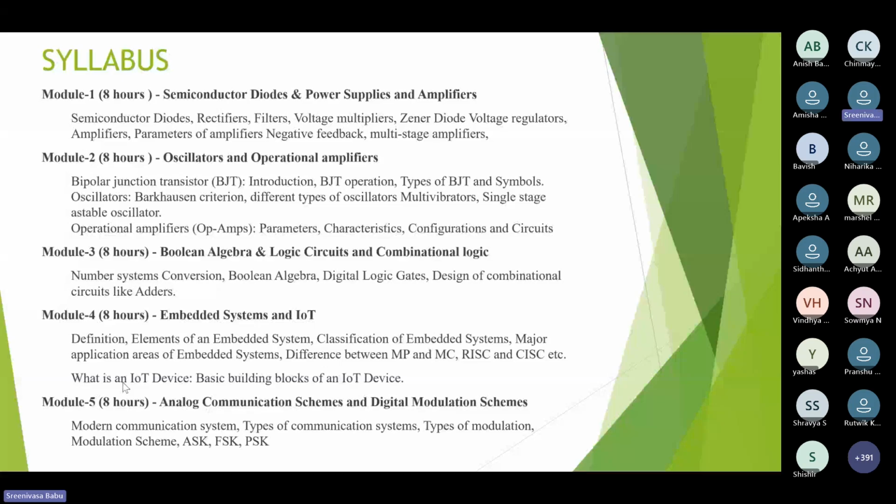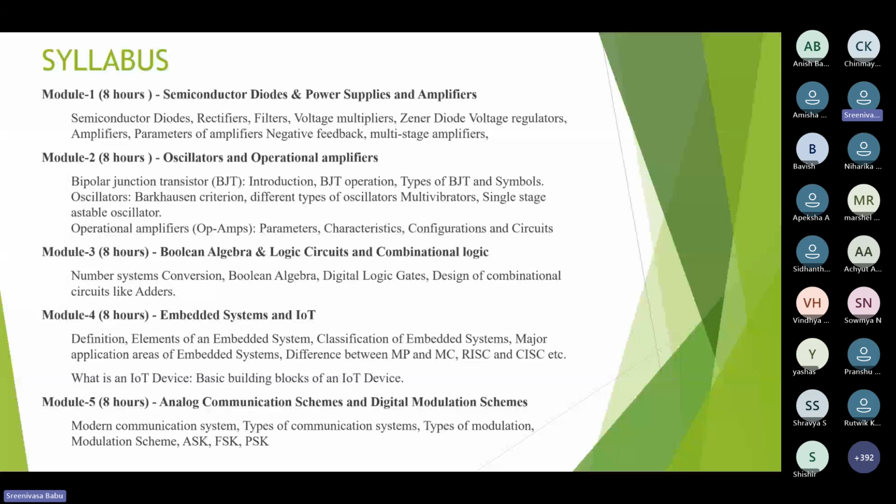Coming to embedded systems, they are related to microcontrollers. There are two types of computers: one is the general computer and the other is the embedded computer. An embedded computer means any computer with a chip inside. Every device which has a microcontroller or microprocessor inside is an embedded system.